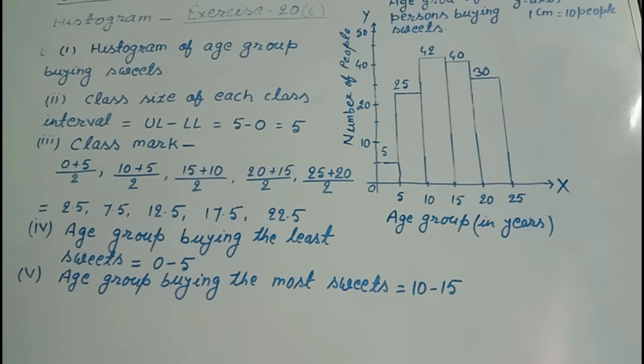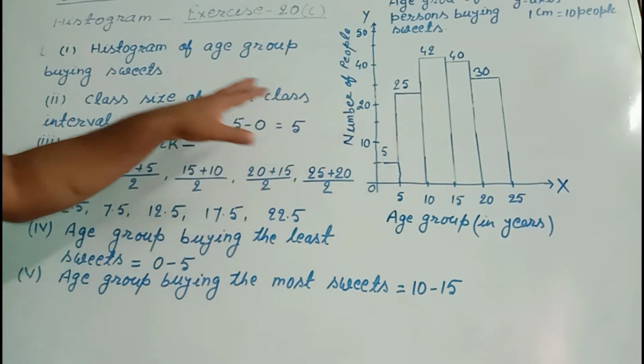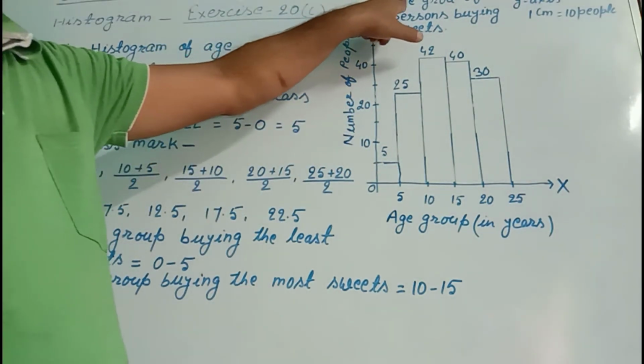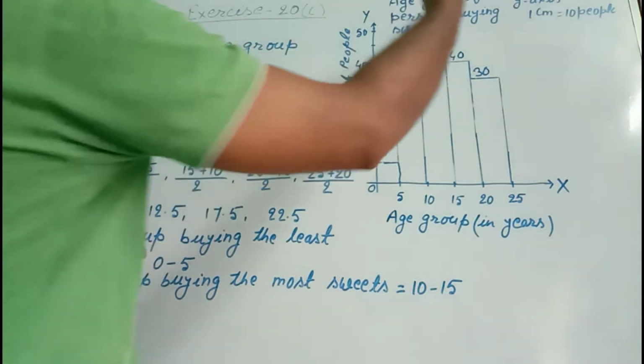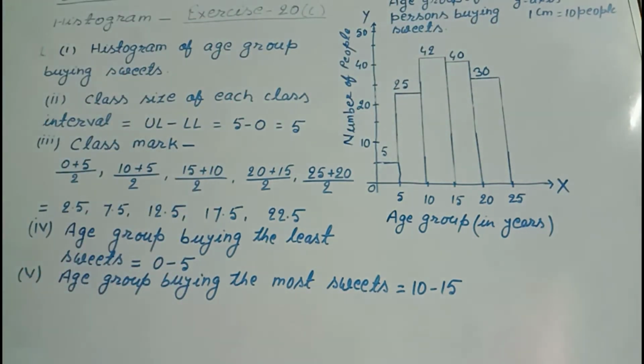We are asked to observe the histogram and answer the following questions. The first question is, what information is given by the histogram? The information given is a histogram of the age group buying sweets.